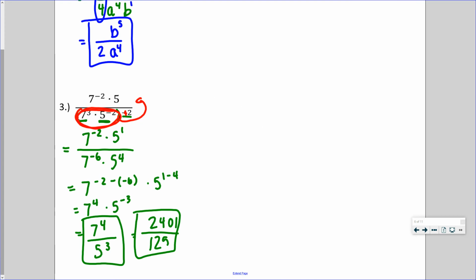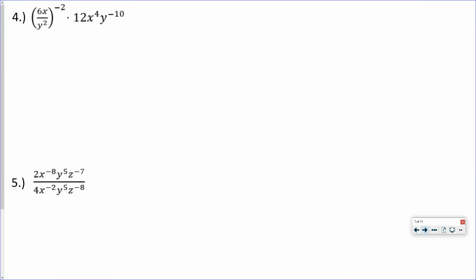Okay. 2 more for today. And then we can go over the 3 common mistakes. All right, now this one on number 4. So I have this fraction raised to the negative second power. And then I have this guy right here.